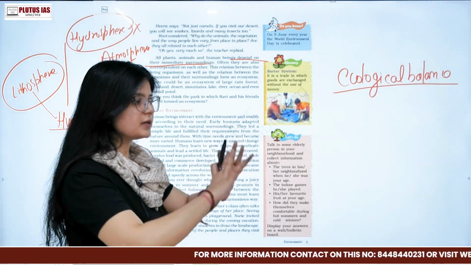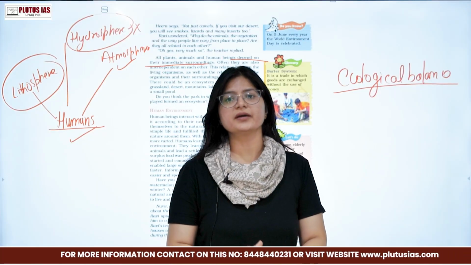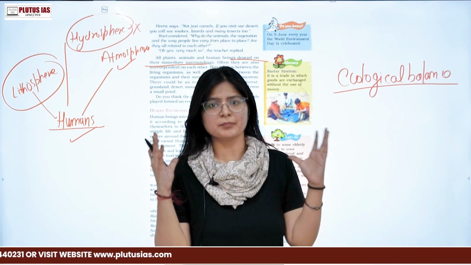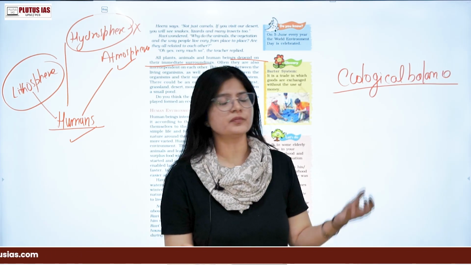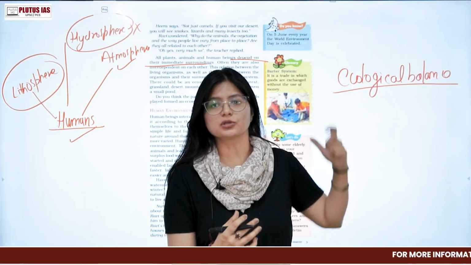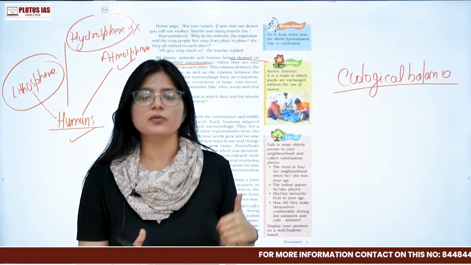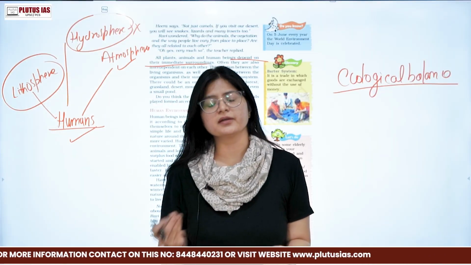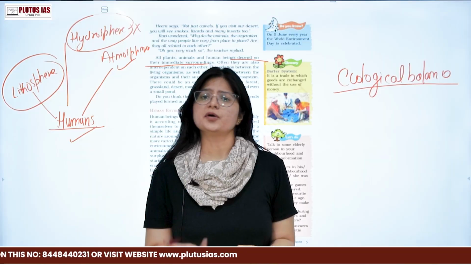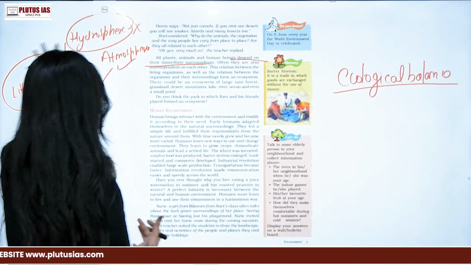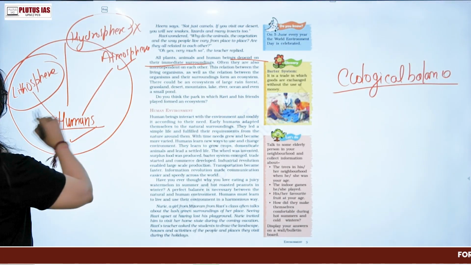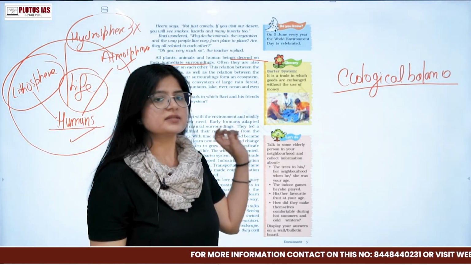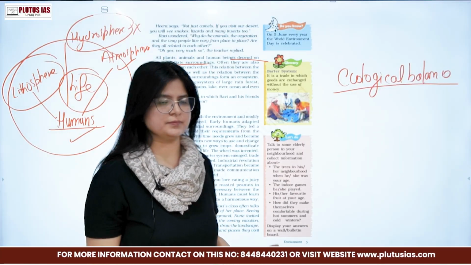Now we have created a kind of balance where we require all of them in certain amount to keep the balance. Of what balance are we talking about? We are talking about ecological balance, so that life can continue. Therefore, every component is playing an important role, whether it is atmosphere, hydrosphere or lithosphere, right? All of them are making the perfect balance, so that life is existing and it is sustaining, right? This is what you call ecosystem.